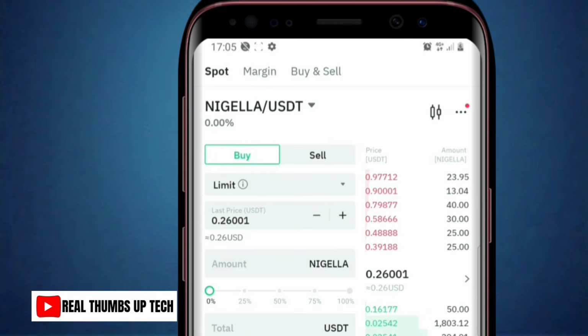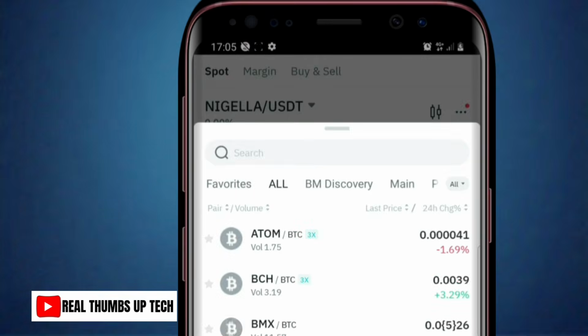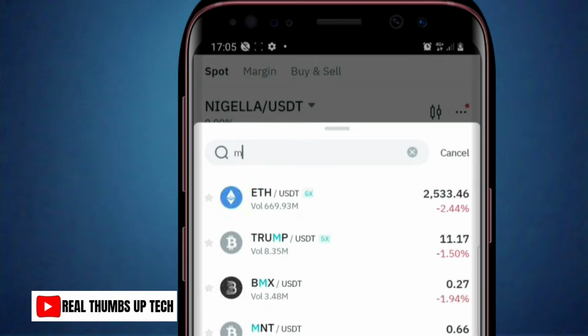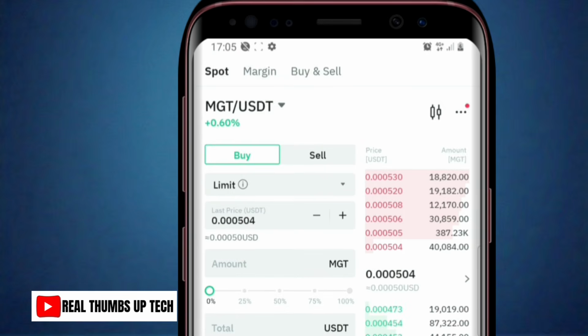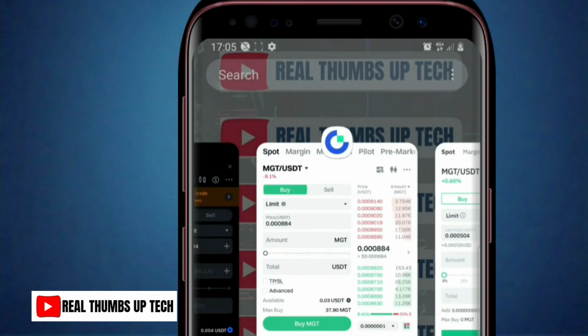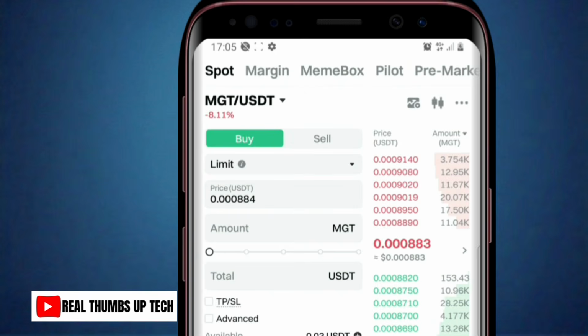You go over to Bitmax, and here we search for MGT. You can see that the rate on Bitmax is around 0.000504, and the rate on Gates is around 0.000884.